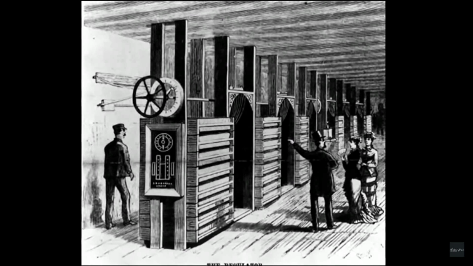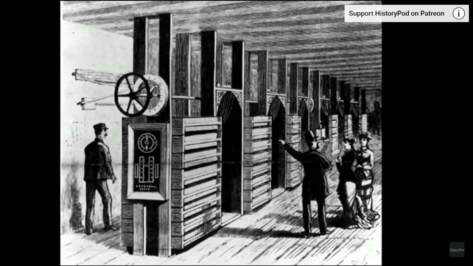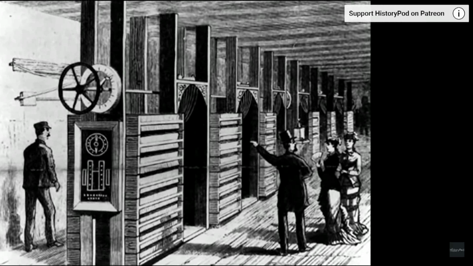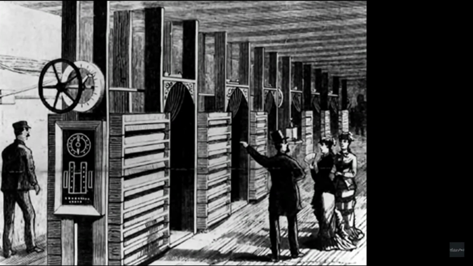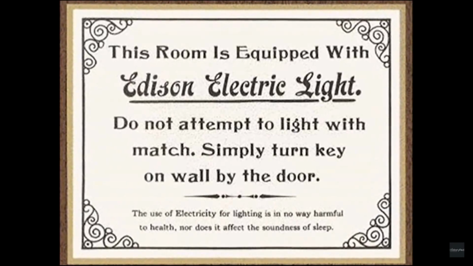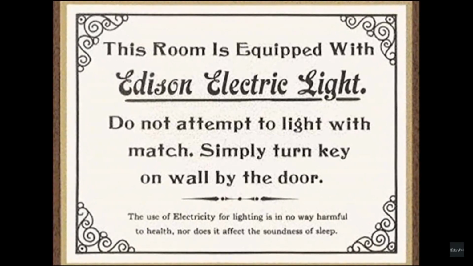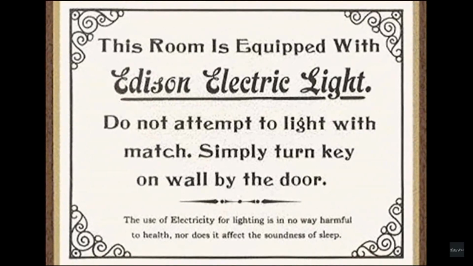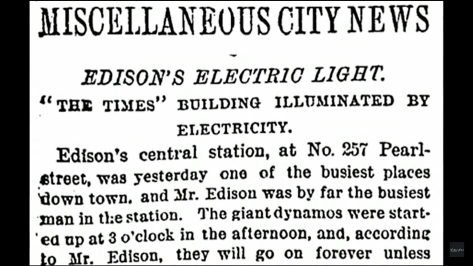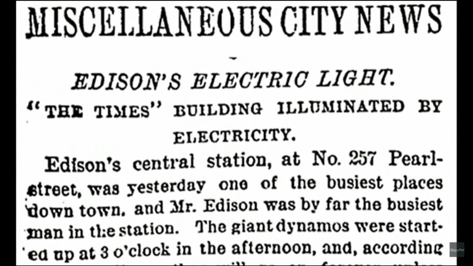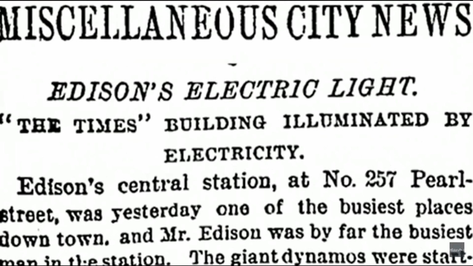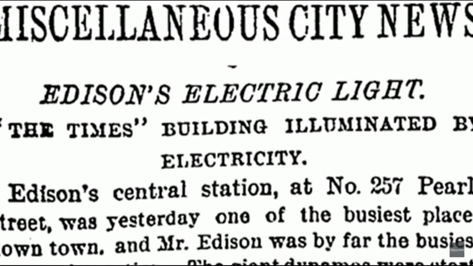By the time the system was ready to begin operation on the 4th of September 1882, Edison had signed up around 80 customers with a total of 400 light bulbs. The New York Times, one of the first users, described the soft, mellow light in a short article the next day. However, the inauguration of the world's first commercial power plant really didn't receive the media fanfare many might have expected, and the report itself was filed under miscellaneous city news.